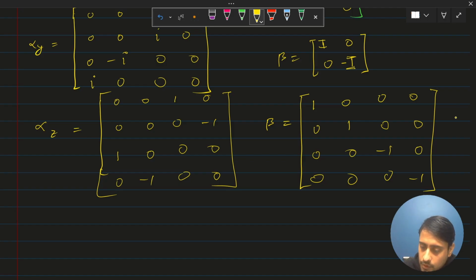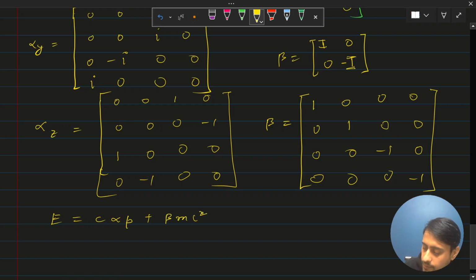Okay, so now let's again start with the energy expression E equals c alpha P plus beta mc square. And now again do the first quantization, which is writing E as i h bar del over del t, and this P as minus i h bar del, and let's see what happens.